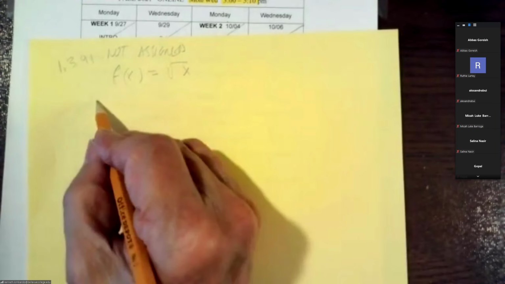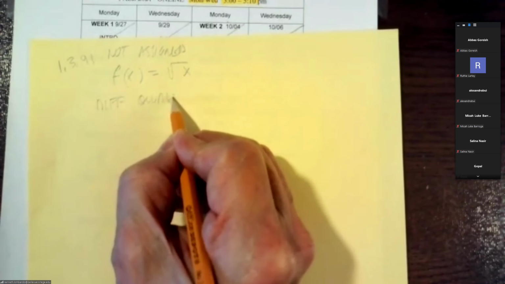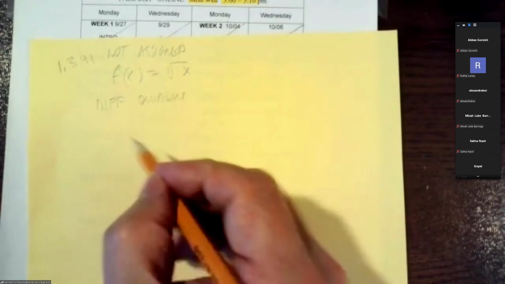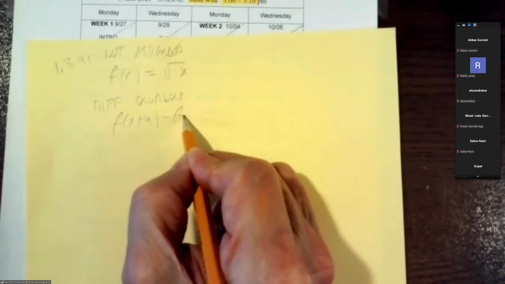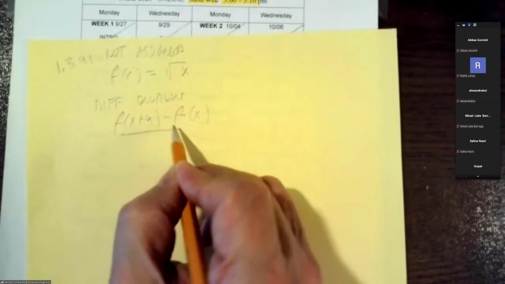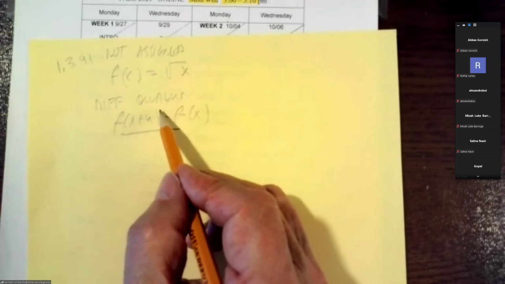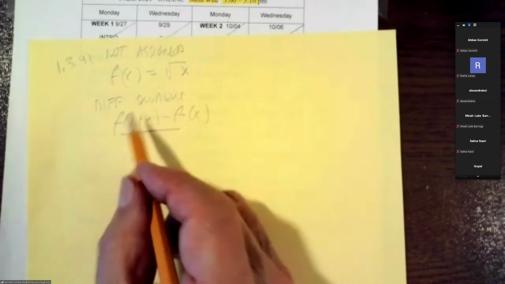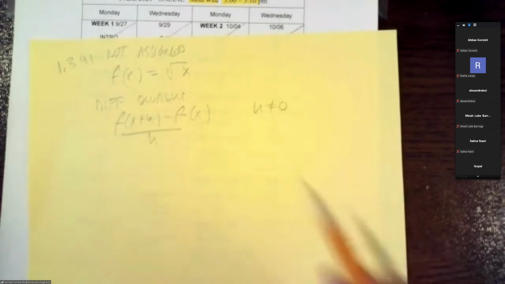Okay, remember what the difference quotient was? That says f at x plus h minus f at x over x plus h minus x, or just the h value, where h is not 0.